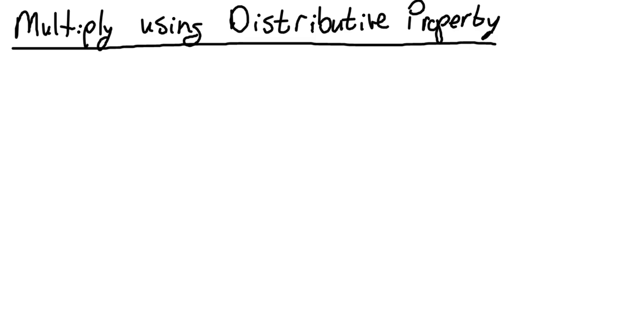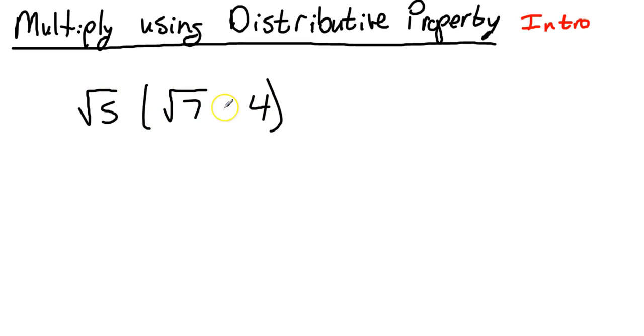And for this particular set of problems, this one's an intro. Now, this is really getting back closer to the first couple of problems we were doing, where you're just going to multiply the numbers that are your coefficients, and then you're going to multiply your radicands. The only difference is now you have to do it twice because it's distributive property.